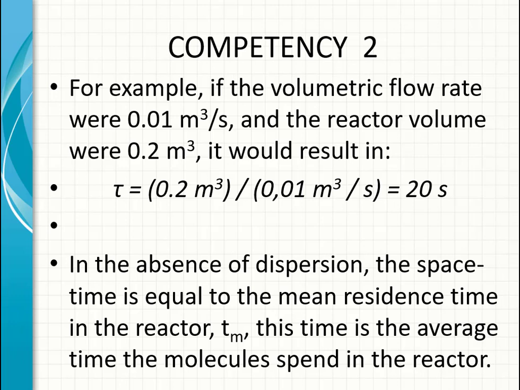In the absence of dispersion, the space-time is equal to the mean residence time in the reactor, tau m. This time is the average time the molecules spend in the reactor.